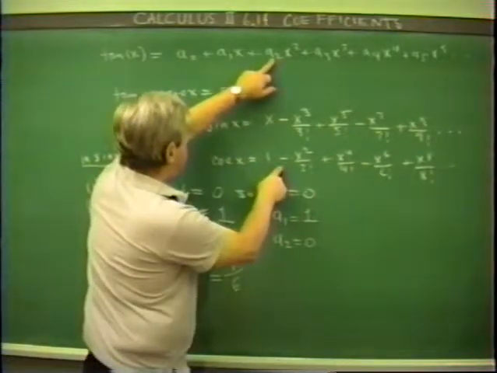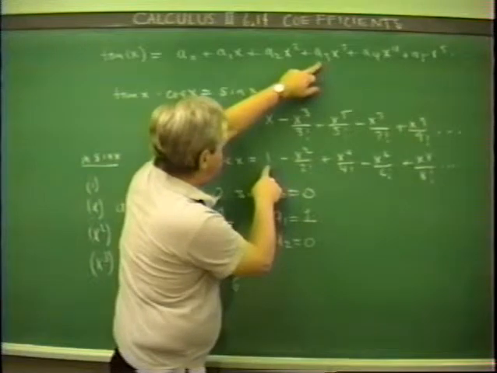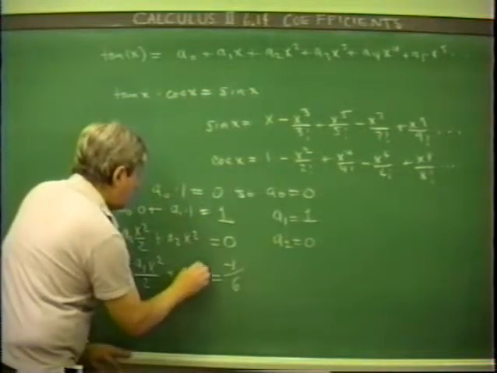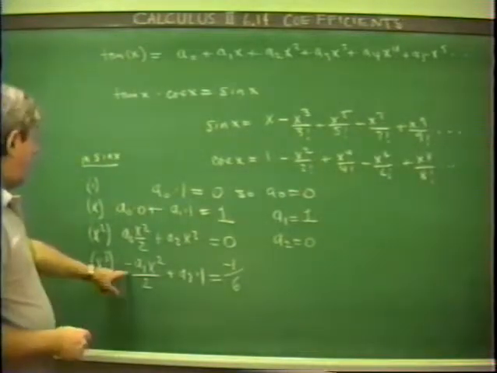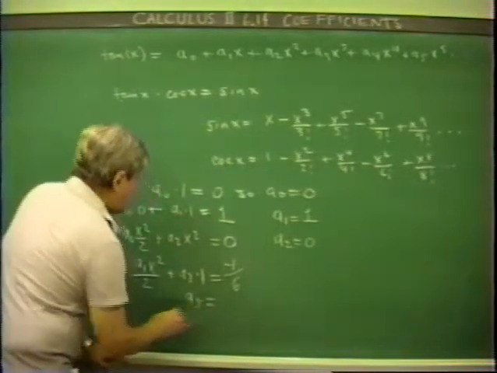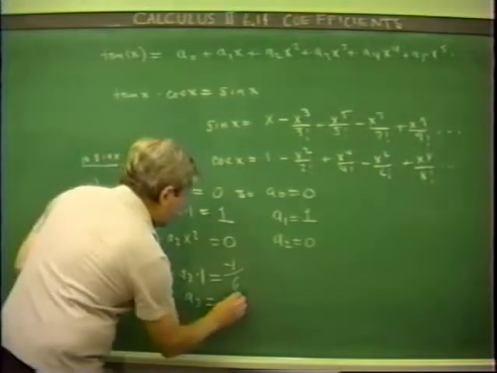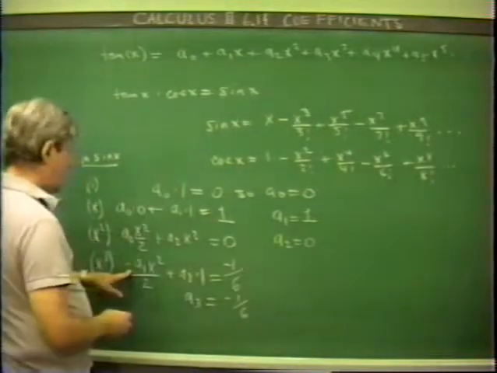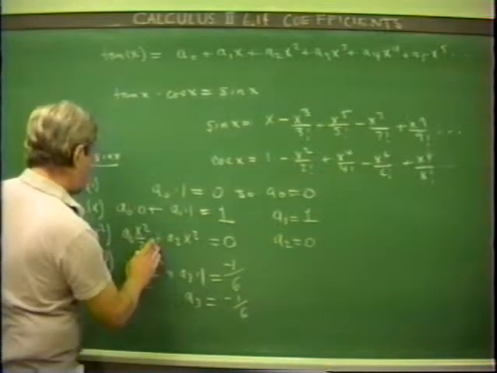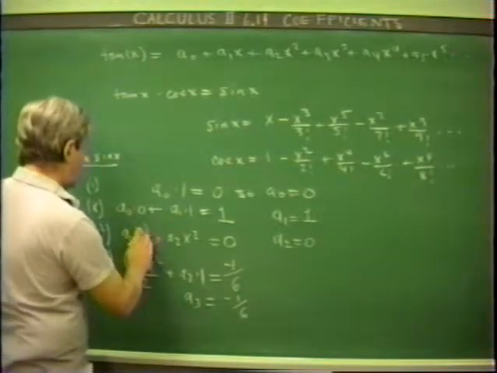So we're going to get minus a1, that's the minus sign, x squared over 2 factorial, that's over 2. We're going to get a2, there's no x term down here, a3 times 1. Okay, now we have a1 is equal to 1, so that a3 is equal to minus a sixth.